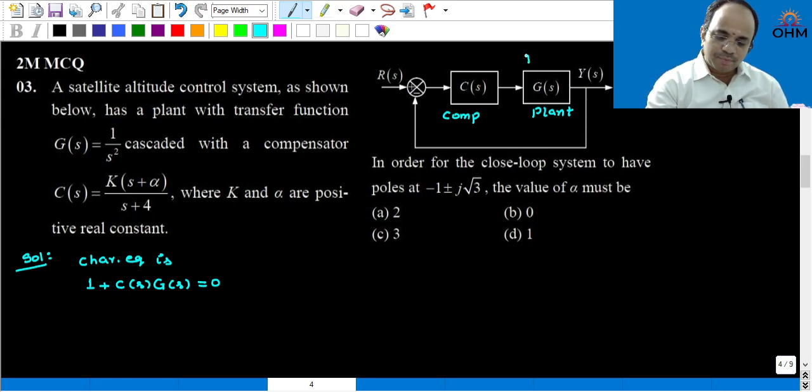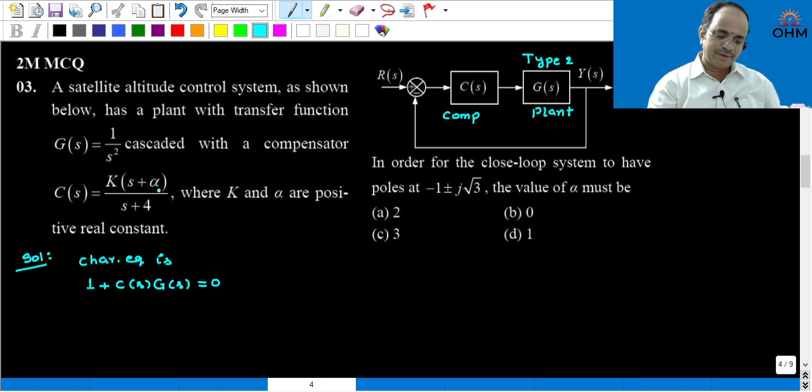Type 2 plant means the closed loop poles will be on the j omega axis. That means the system is marginally stable. Therefore, in order to stabilize the system, we must use a lead compensator. Then only the root locus diagram will be pulled into the left hand side of the s plane. Therefore, you can say that C(s) must be a lead compensator.